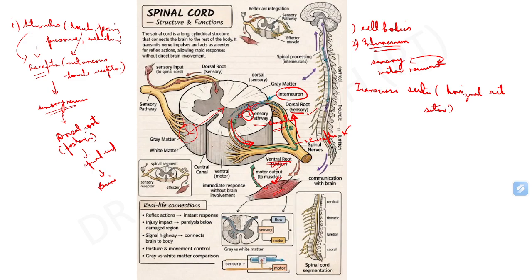This particular gray matter is shaped in the form of an H or a butterfly. So it has a dorsal horn. The dorsal horn is present in the posterior part. It has a ventral horn and it has a lateral horn that projects laterally.